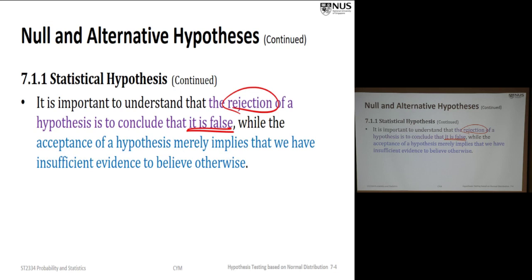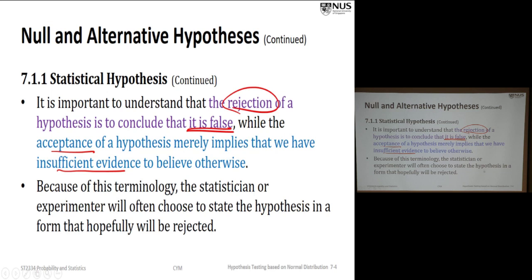Then if I say I accept it, it simply means that I don't have enough evidence to say that this is not true. So at the moment, I just still keep using it. So that's why the status quo is the statement that we used with the null hypothesis.